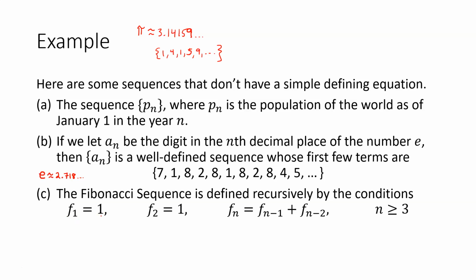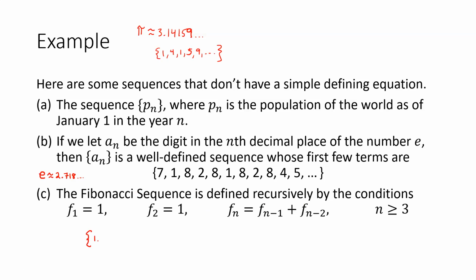In this case we say f1 is 1, and the second term is also 1. And then we give a way of generating from those first two terms all the terms that come after it. So for instance, to find the third term of the sequence, we say fn is defined as the sum of fn minus 1 and fn minus 2. In other words, it's the sum of the two terms that came before it.